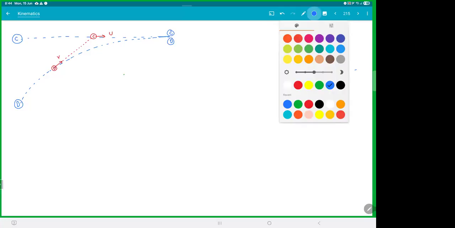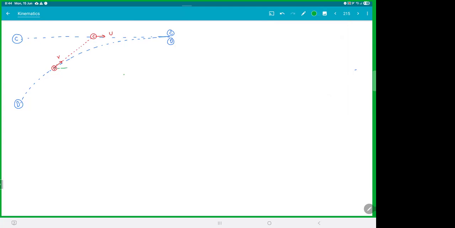Let's see what the cat will think about the dog. Now, if this angle is theta, this angle is also theta. So if you look at these velocities here, this component will be u cos theta. This component will be u sin theta. These are the components of the cat.